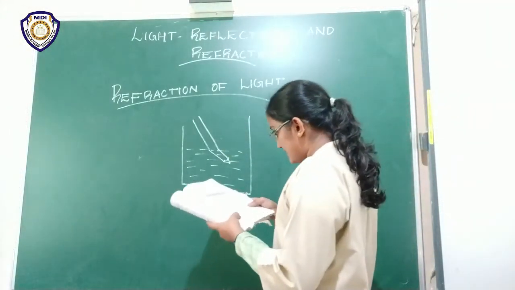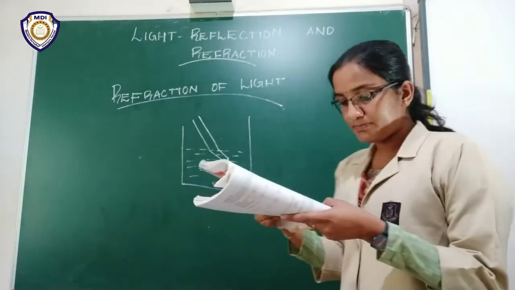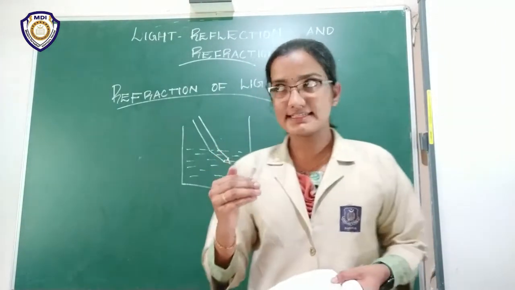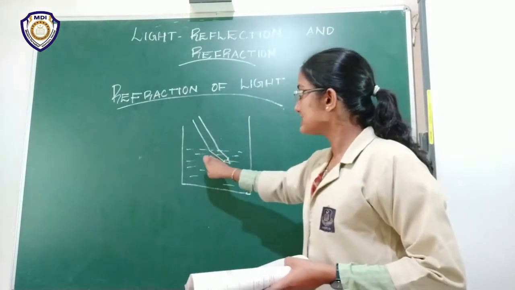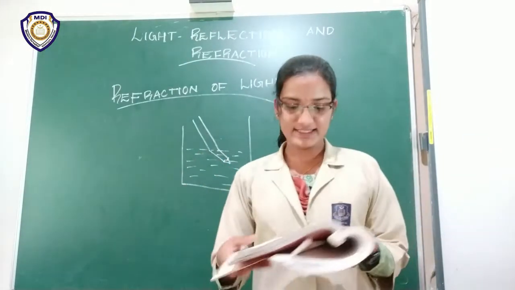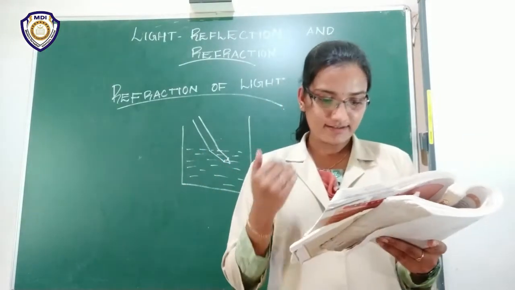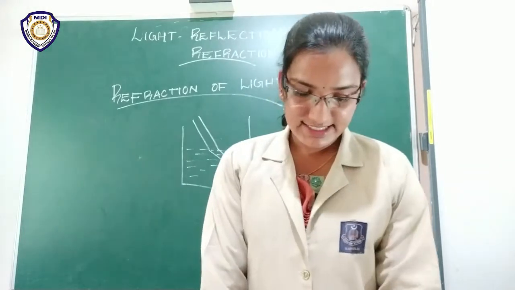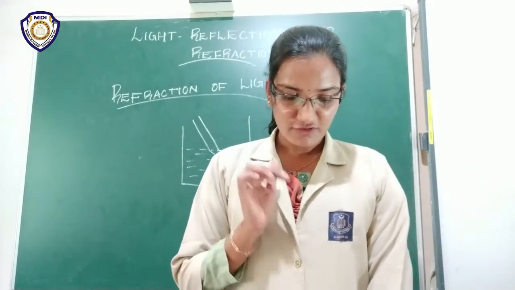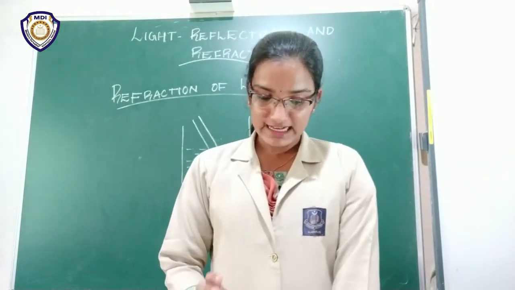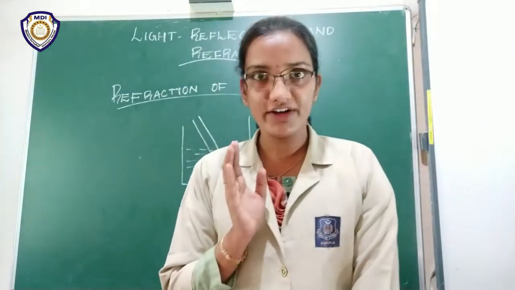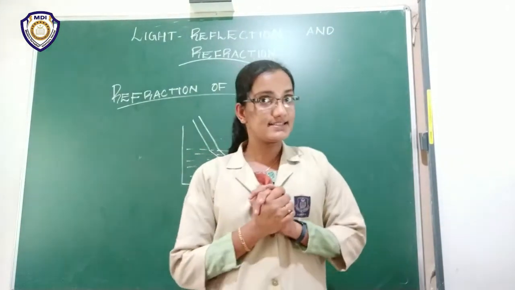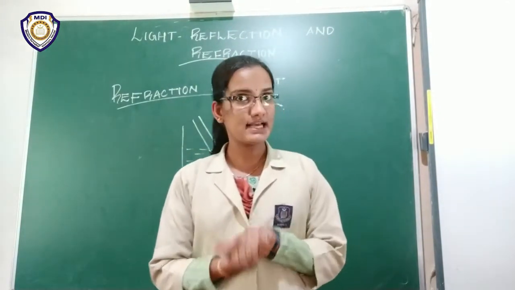This makes the pencil appear to be displaced at the interface. For similar reasons, the letters appear to be raised when seen through a glass slab placed over them. Did you understand the reasons behind these examples?